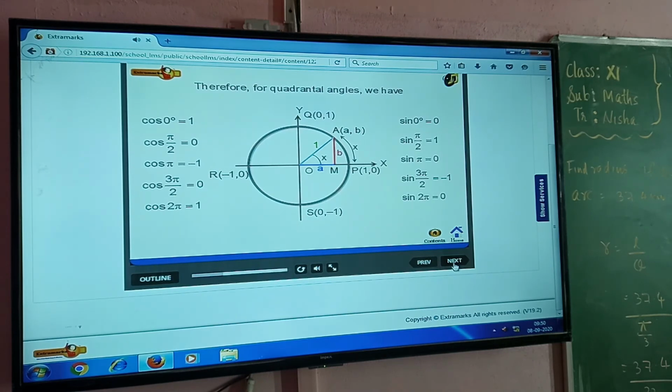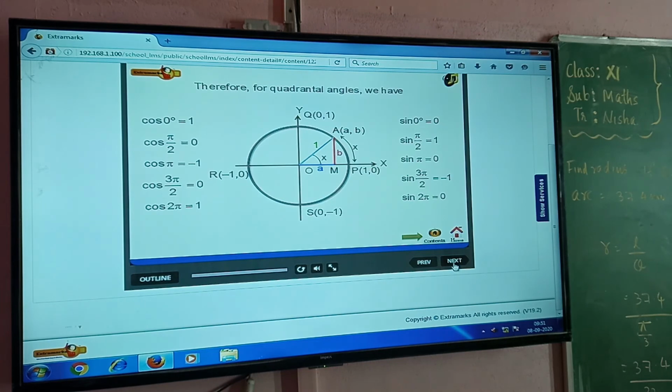Therefore, for quadrantal angles, we have the following results. This is very important, children. You have to study these values by heart. Now using the ratios, sin theta, we know, is opposite by hypotenuse. Sin 0 is equal to 0, which you have studied in your 10th standard.